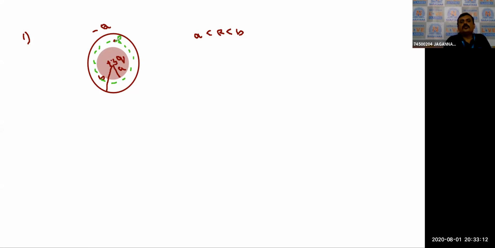So at this point, how much is this distance? This distance is R. This radius is capital R. At this point P, this is a solid sphere, and the point is present at a distance of R. And this one is a hollow sphere.